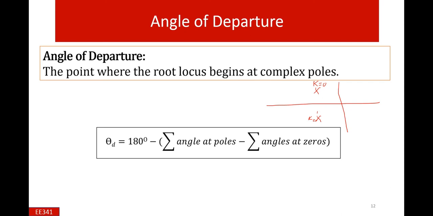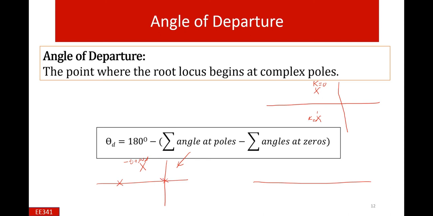For example, first of all, we discuss some angles. For example, we are talking about this pole, which is somewhere at minus sigma plus j omega d, and we want to find the angles. For example, other open loop poles are lying at these points.